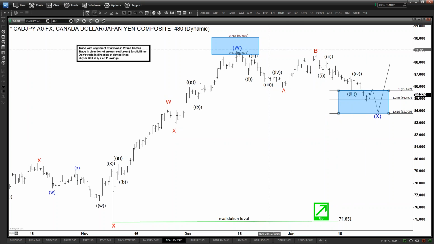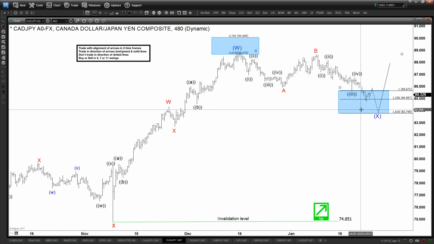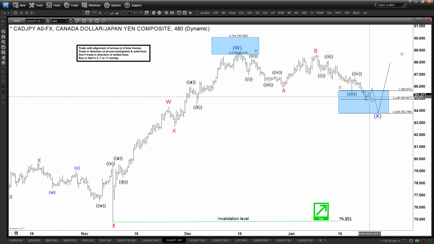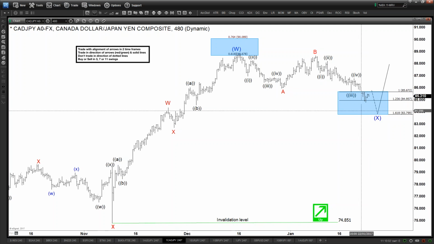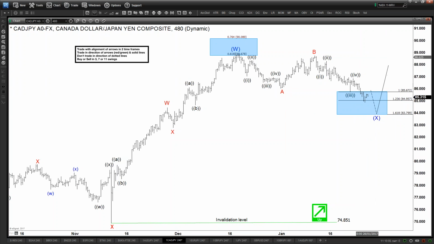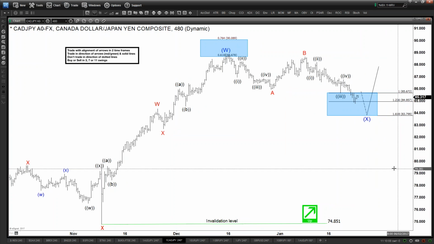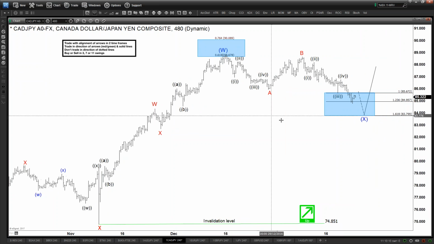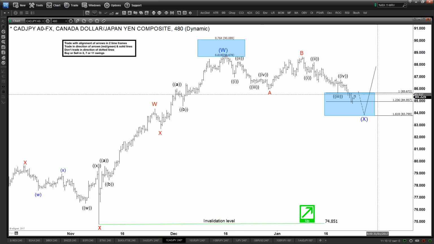Ideally, remember if it's a flat, wave C sometimes can go close to 1.618 extension or even exceed that sometimes. But it looks like it would be able to stay within the blue box, end this cycle, and then either make a new high or at least get back to this area and then do the double in the blue wave X. Okay, so that's what you're looking at in the CAD yen.